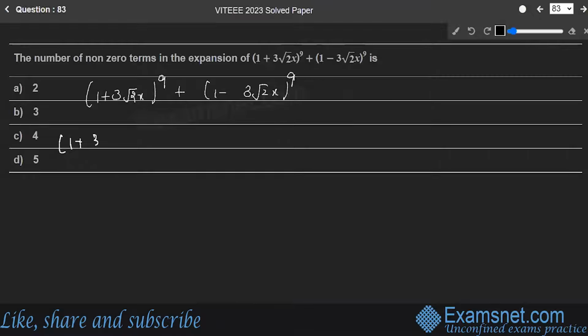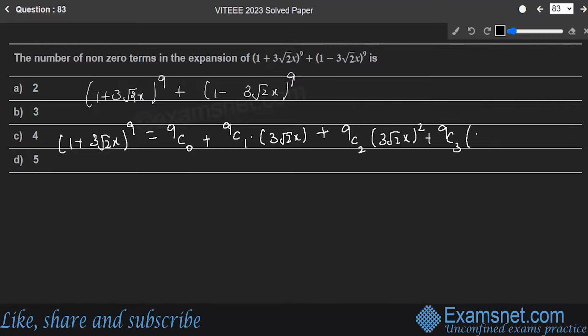Now (1 plus 3 root 2x) raised to power 9 will be given by 9C0 plus 9C1 into 3 root 2x, plus 9C2 into (3 root 2x) squared, plus 9C3 into (3 root 2x) raised to power 3, and so on.